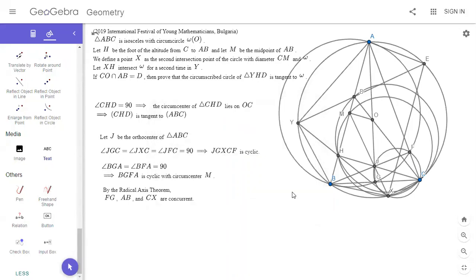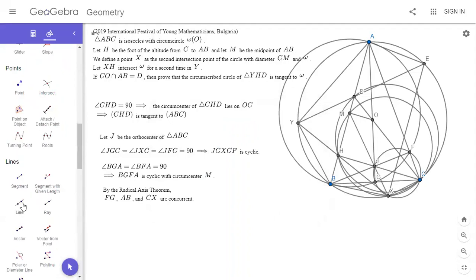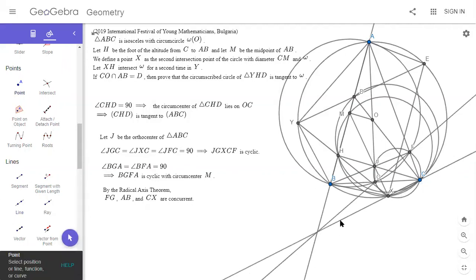All right. BXY is equal to BXA minus 90 minus HCM. Okay.